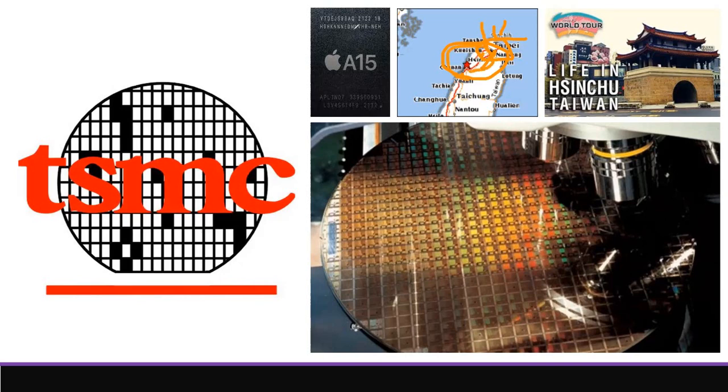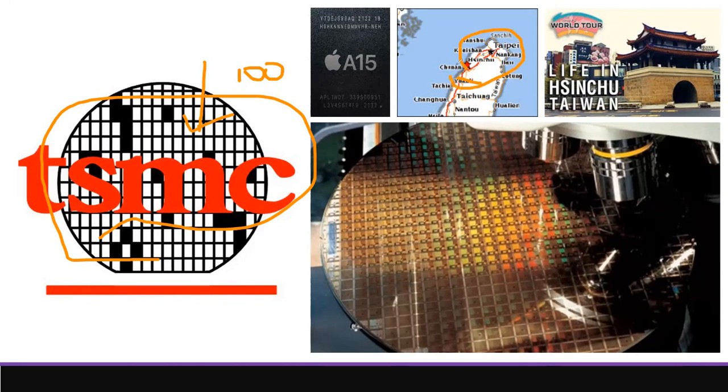You may not know about Hsinchu, but if you know about semiconductors, the Apple iPhone chips, A14, A15, are made by TSMC. It's the number one supplier for chips. So my hometown is the capital of semiconductors right now.